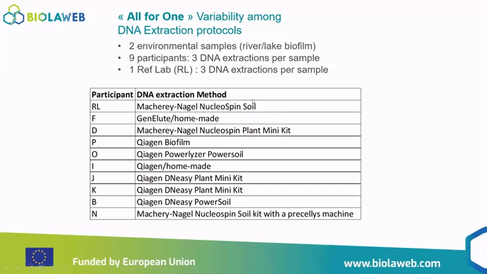As reference laboratory, we used the one that we already showed you yesterday. And some used the same, but with a different machine. And you can see there is a variety of ways to do it. Some did Genelute, homemade, and the others used kits.